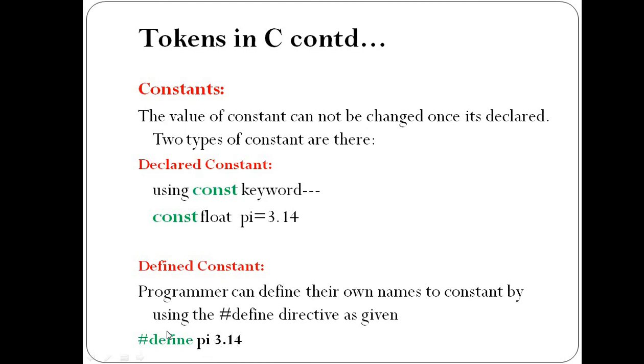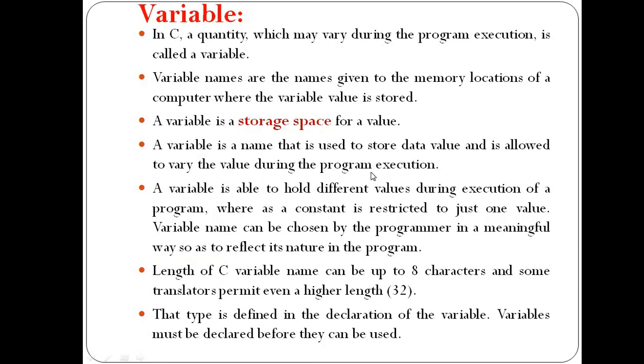Here we do not need the const keyword or the data type. We just give the hash define directive, then the name of the label, that is the identifier pi, and then specify the value. So these are the two ways in C programming language for defining constant values.